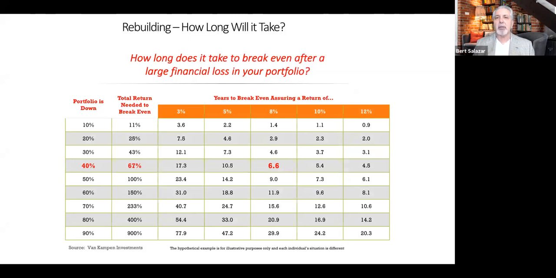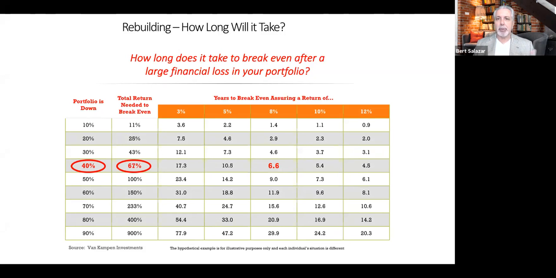Now, the next topic that I want to share with all of you is, well, how long will it take if you do suffer a loss and then you want to try to rebuild that portfolio? So let me give you an example. Let's say that you have a 40% loss. In order for that portfolio to break even, to get back to the point where it was before the market started heading south, you would have had to have in 1 year a 67% return.